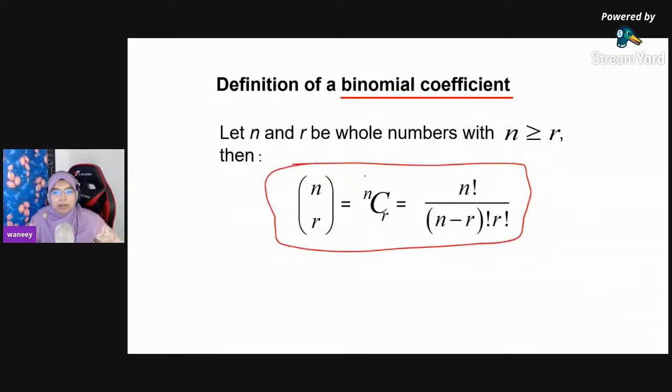So do remember it. First take n factorial, then n minus r factorial, and then r factorial. Okay, so done with this, let's proceed with the next one.